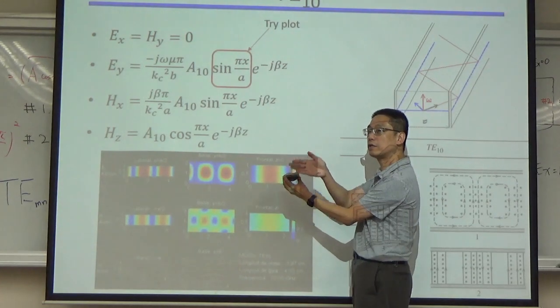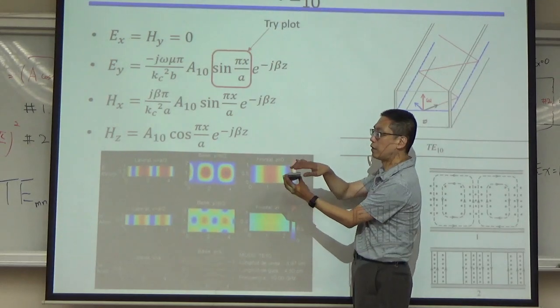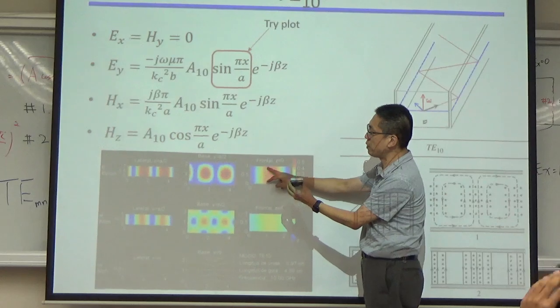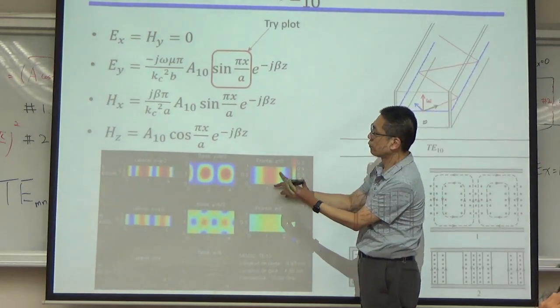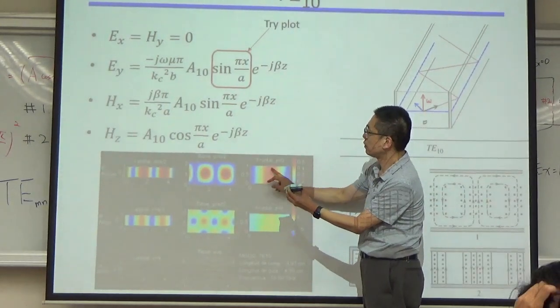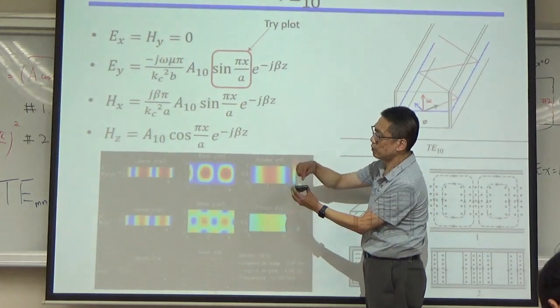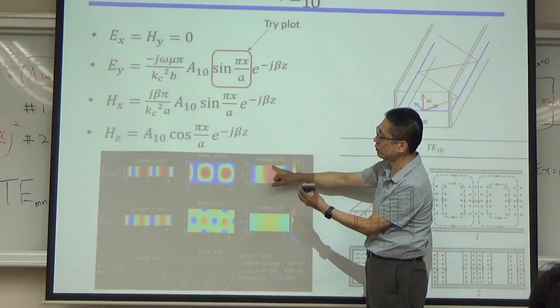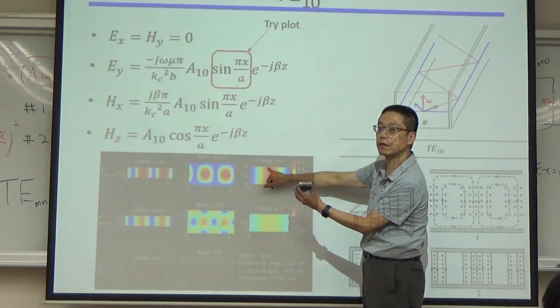The cross section of the whole. Then you can see in the middle there is a look like a sine function. In the middle is the strongest.